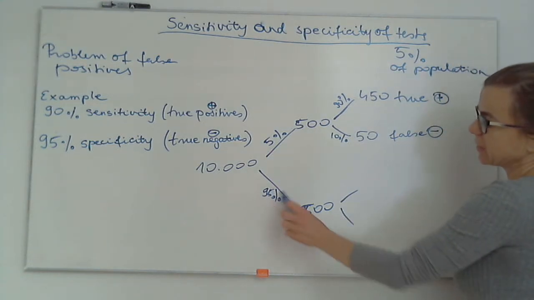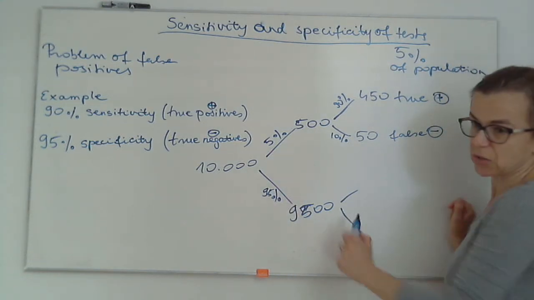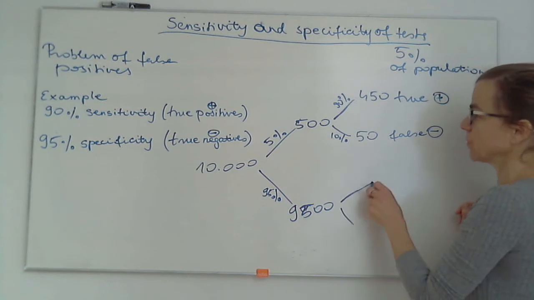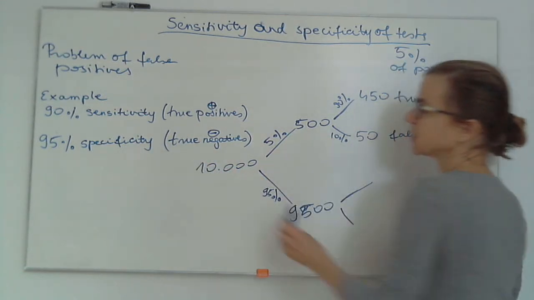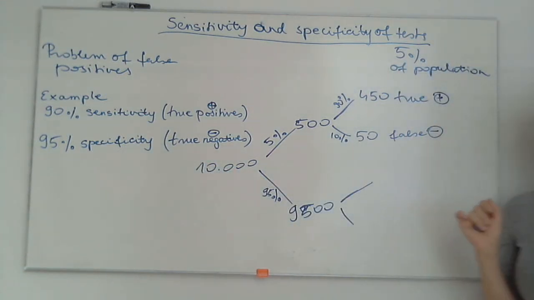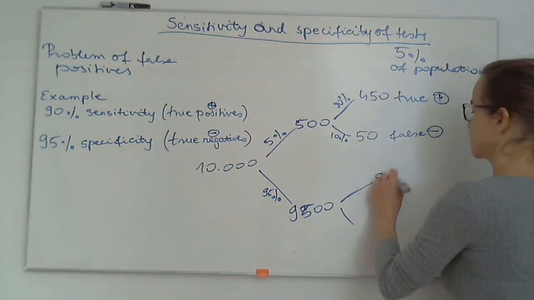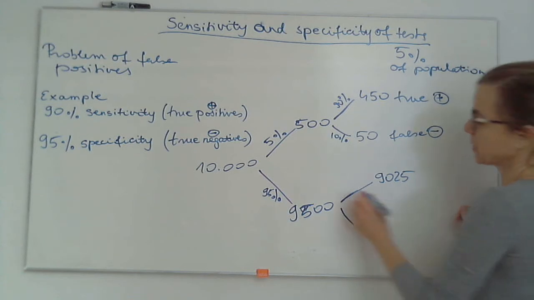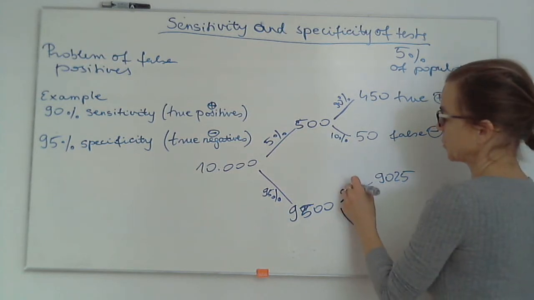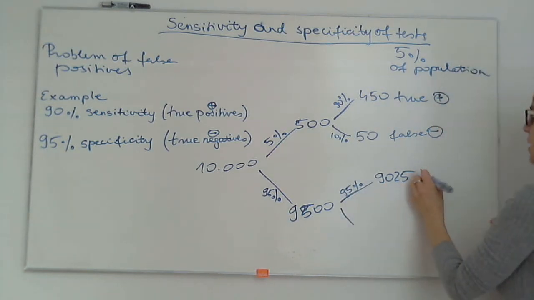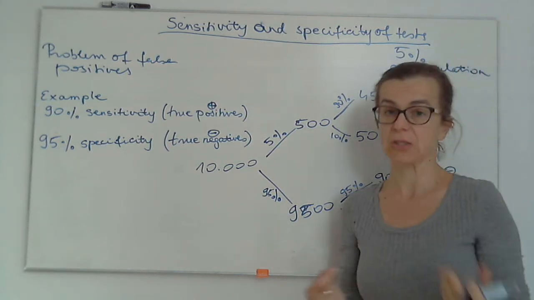Okay, what about the 95% of the population who are not affected by the disease? We know, because of the specificity of the test, that 95% of these people are going to be true negatives. So they are not affected, and their test reflects it correctly.